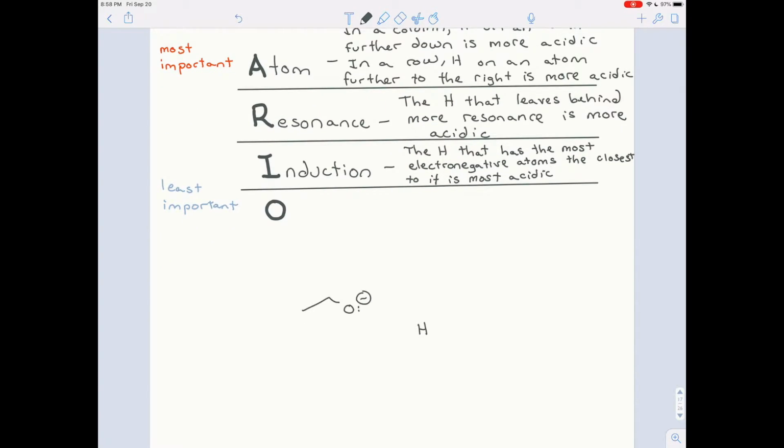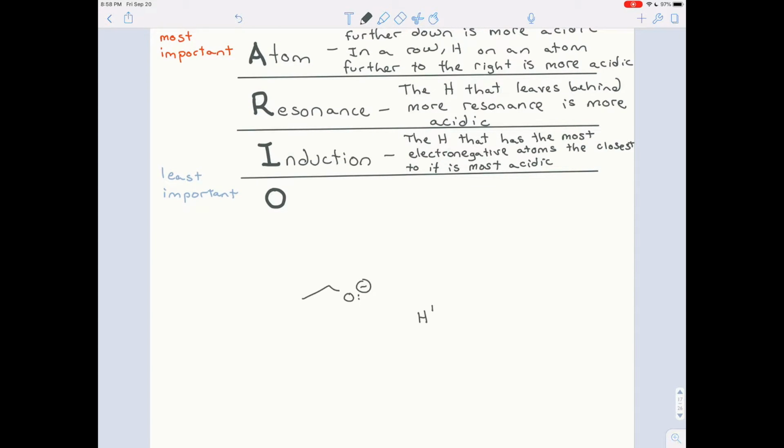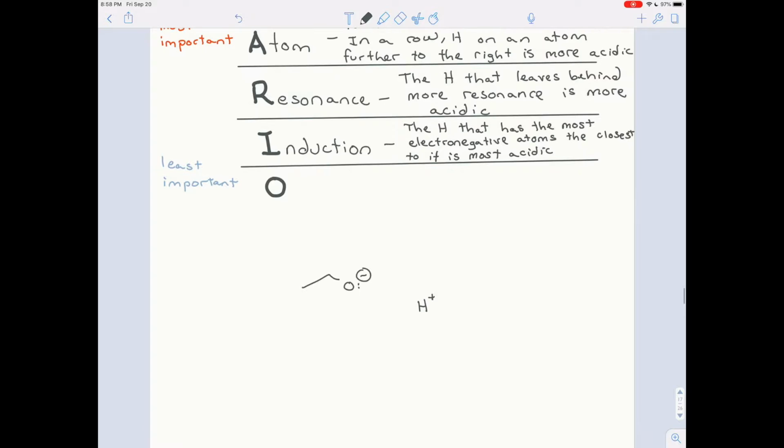It pulls the negative charge close to the nucleus, where there's a lot of positive charge, and so helps to stabilize it. So that's a possibility.